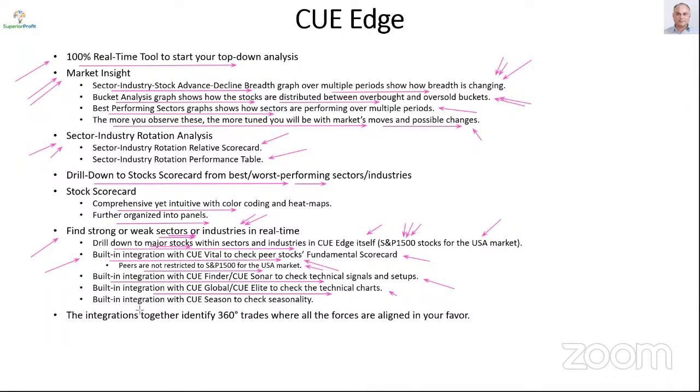And then finally, if we are interested to check seasonality, we may use the integration between QEdge and QSeason to check seasonality. The integrations together identify 360 degrees trades where all the forces are aligned in our favor.